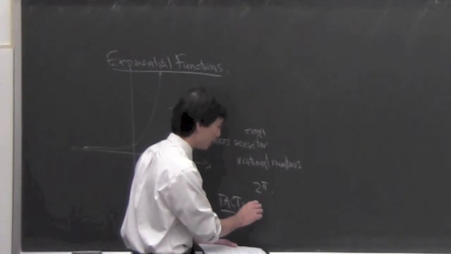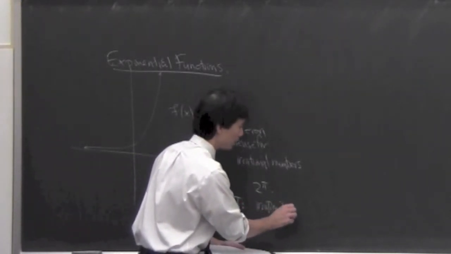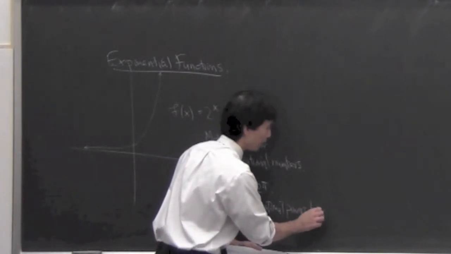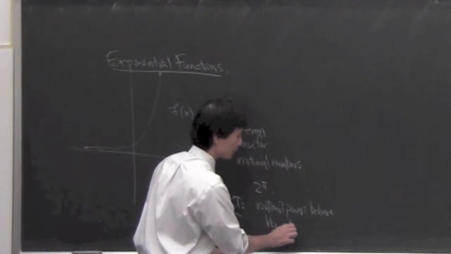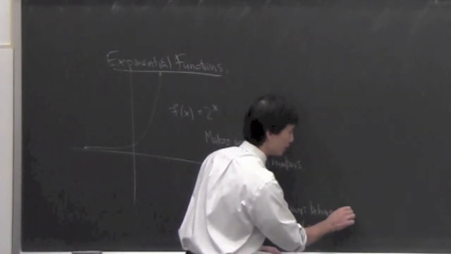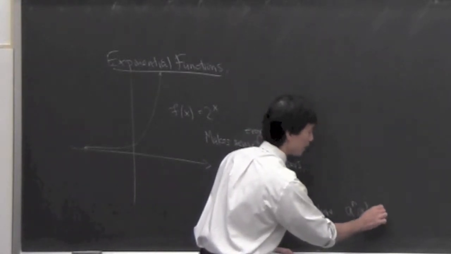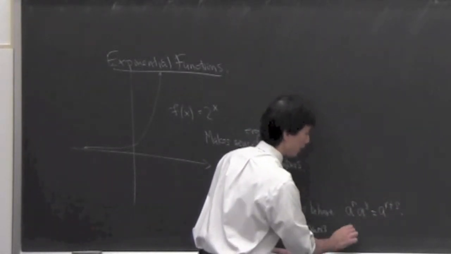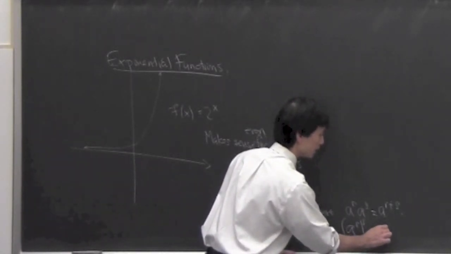The fact that irrational powers behave like rational powers, in the sense that a to the r times a to the s is a to the r plus s, and a to the r to the s is a to the rs.